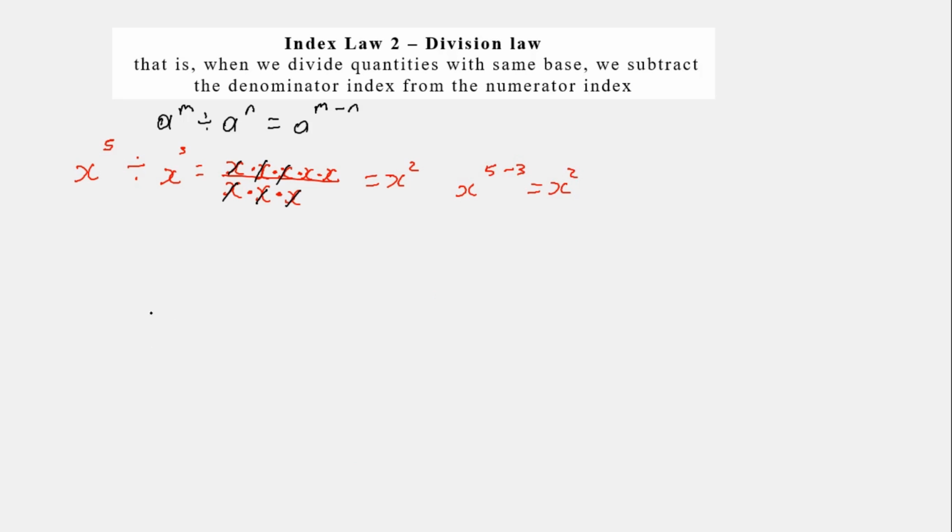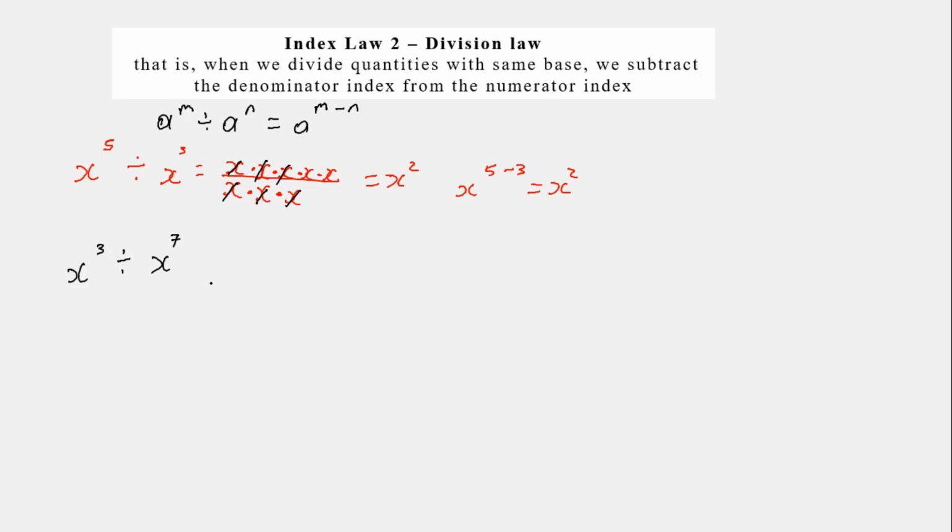Looking at another example, we have x to the 3 divided by x to the 7.